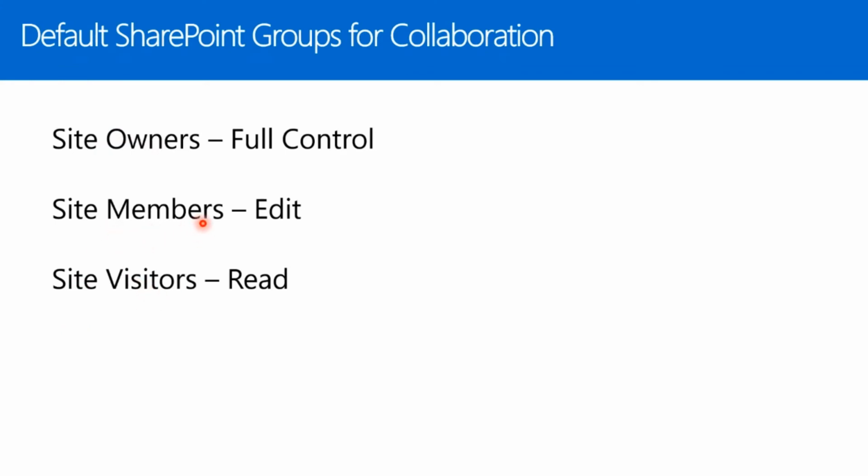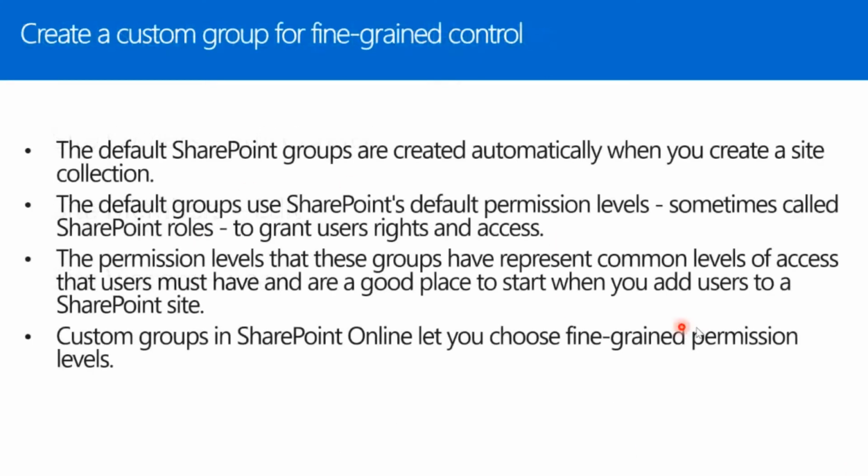Similarly, members can do a lot of things with list items and lists themselves. They can create, update, contribute, and even delete, but visitors are restricted to read or view-only operations. Okay, so we saw that the default SharePoint groups get created when the site collection is created, and then default permissions are assigned to them.